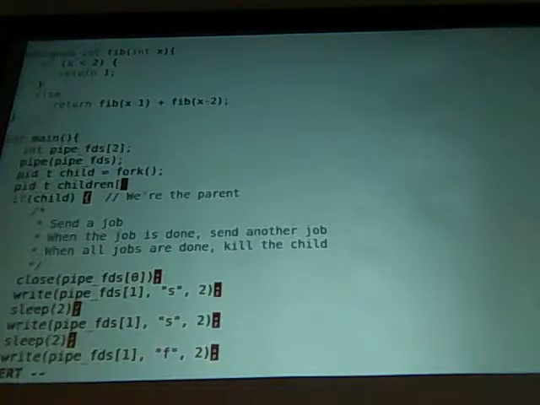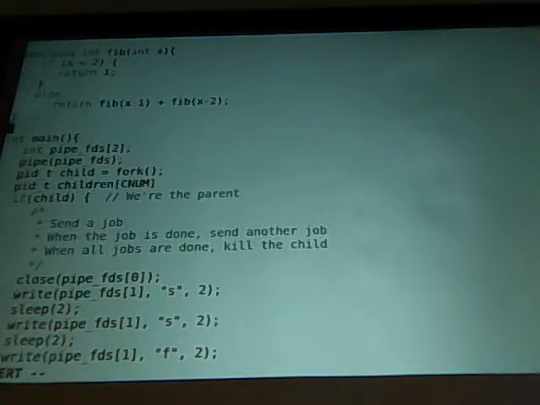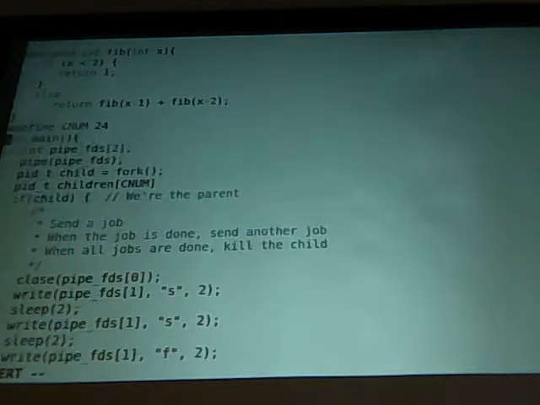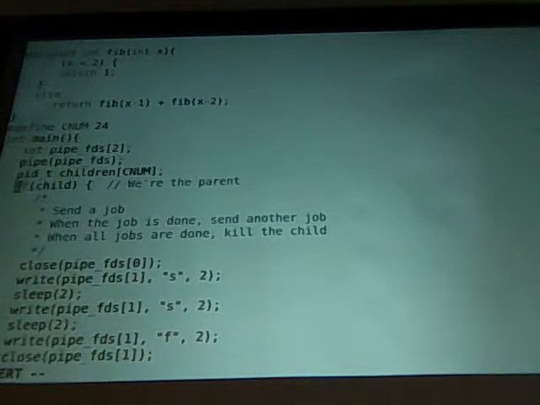So I'll have some kind of array of, say, I don't know, C num. That's the number of children. And say 24. Okay, so I'll have 24 children here. And so we have this array of children. We won't do that quite that way.